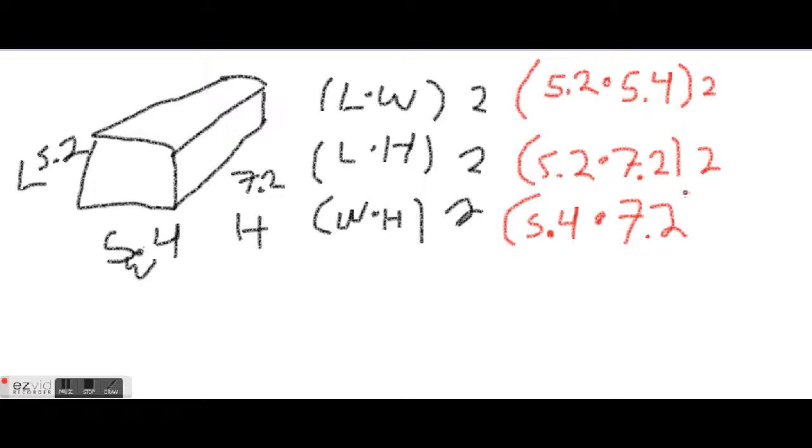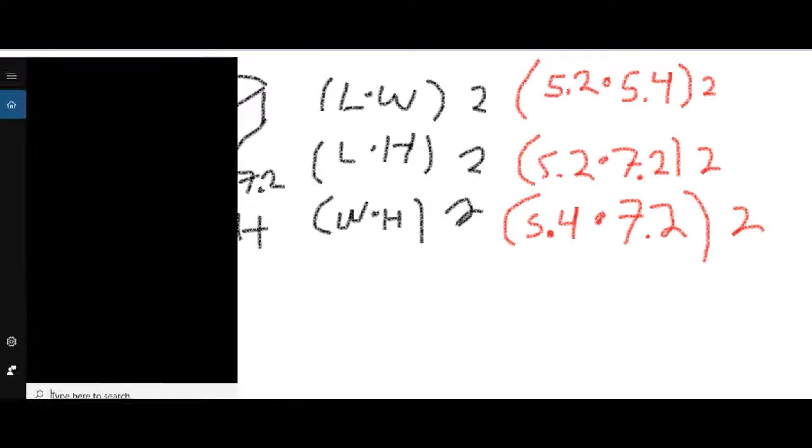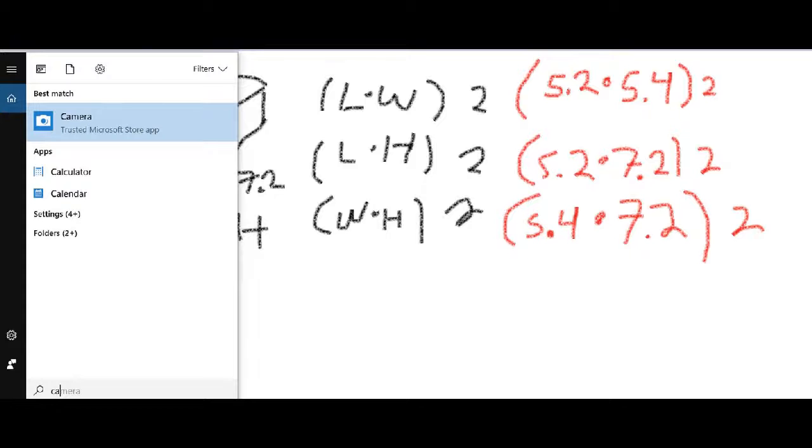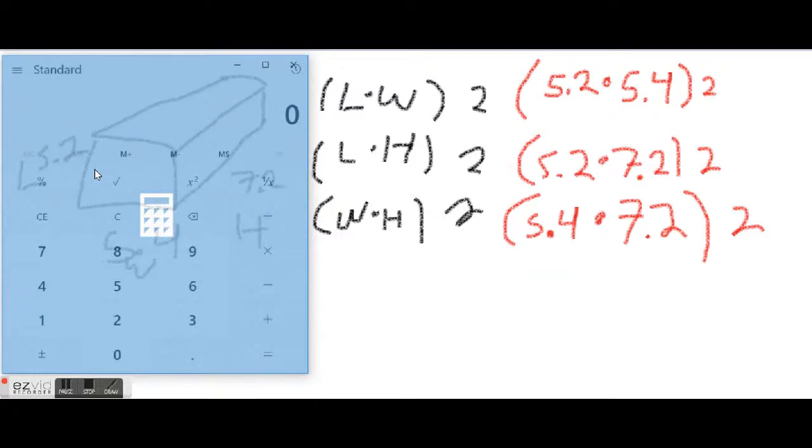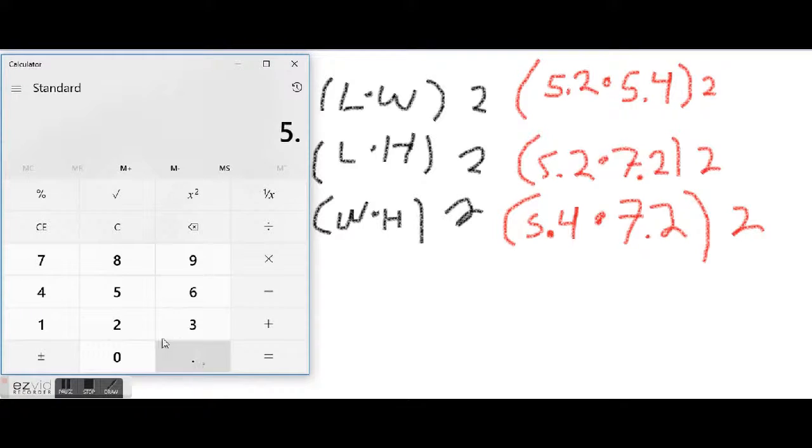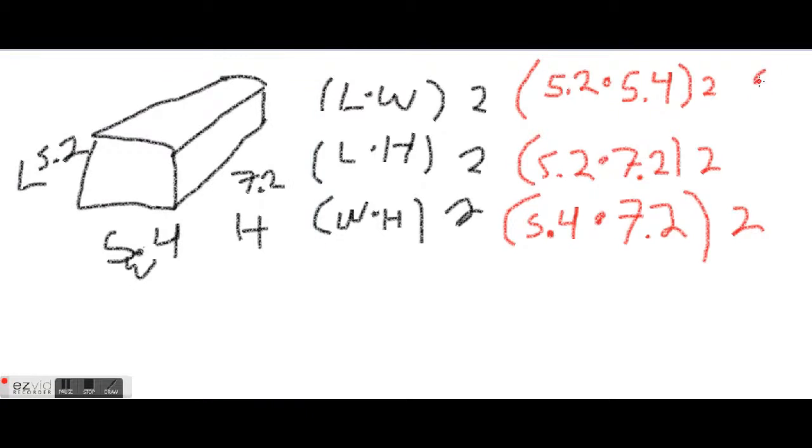So you have 5.2 times 5.4, and then we have to multiply that by 2, which gives us 56.16. Next one, we have 5.2 times 7.2, which equals that, times 2 equals 74.84.